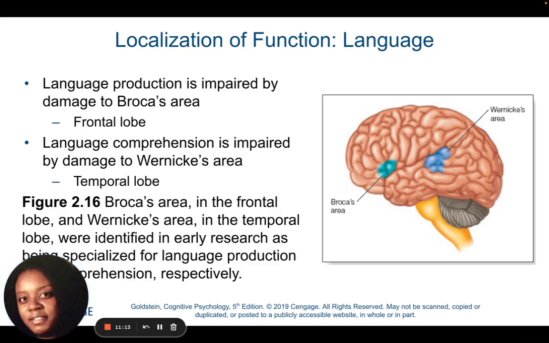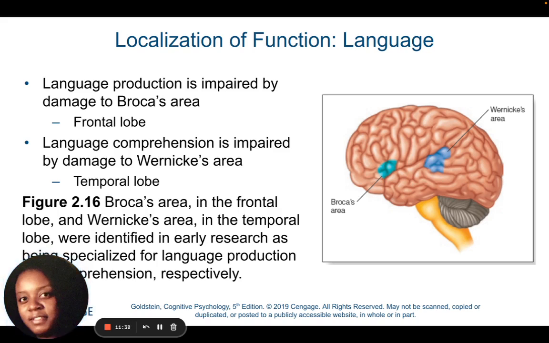If a person has damage to Broca's area, maybe due to a stroke or some type of brain trauma, then they might have impaired language production. Although their language comprehension skills could be intact, their production could be affected.